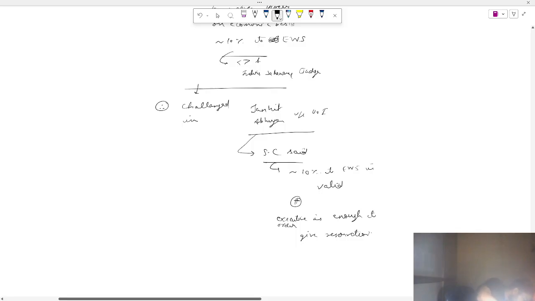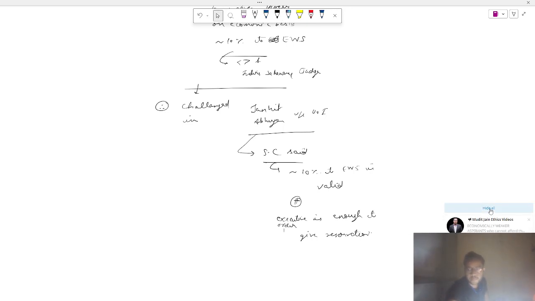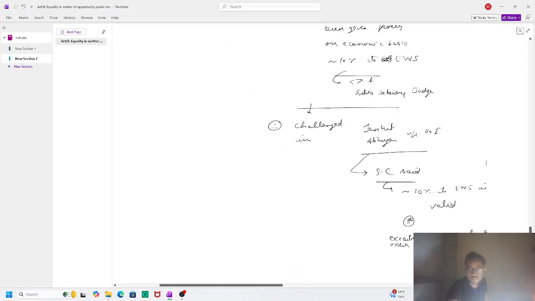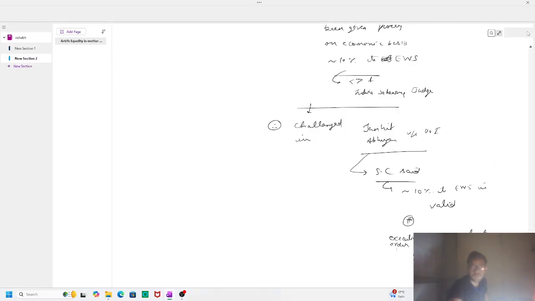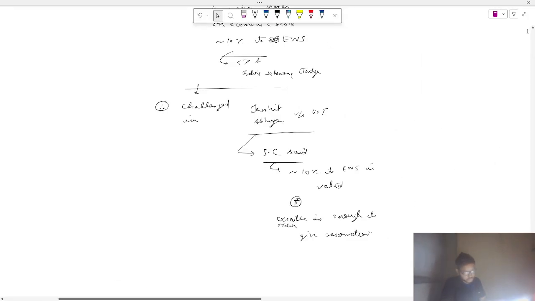Now I think it's a little bit clear to you. Okay, now so therefore Parliament amended again, the 93rd Constitutional Amendment.